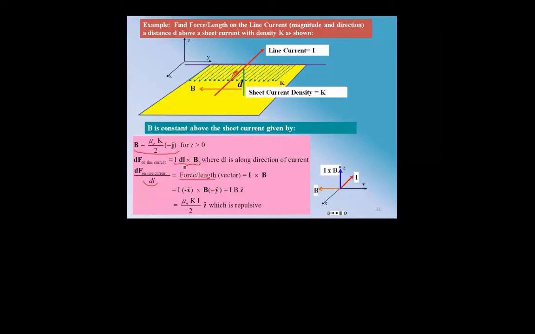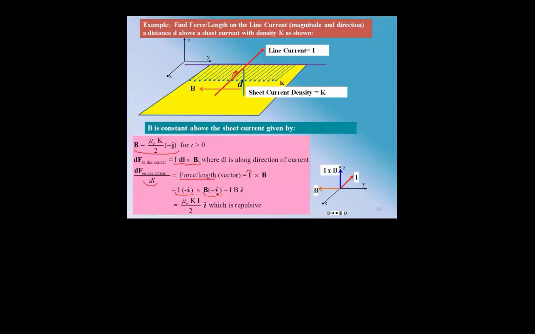We've taken the magnitude of dl and put it here, so what we're left with is a unit vector, the unit vector dl. If we multiply that by I, we'll just call it the vector I: magnitude I with the direction given by the unit vector along the current direction. So we cross that into B, taking into account that our I is in the negative x direction and our B is in the negative y direction.